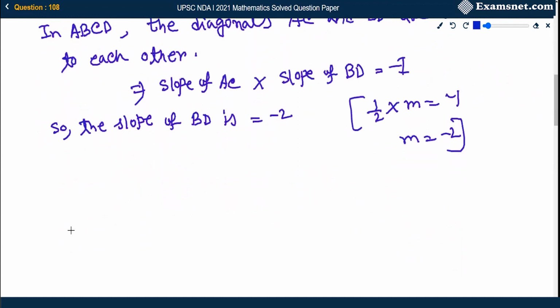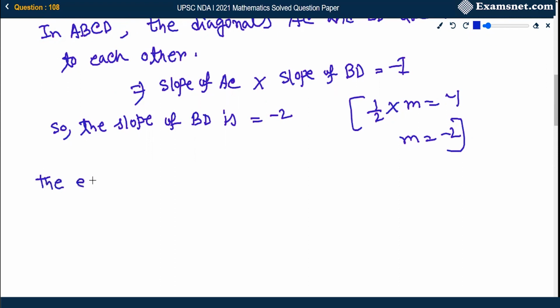Correct. Now, as we know, the equation of a line passing through the point (x1, y1) and having the slope m is given by y minus y1 equals m multiplied by x minus x1. So we are going to use that formula.